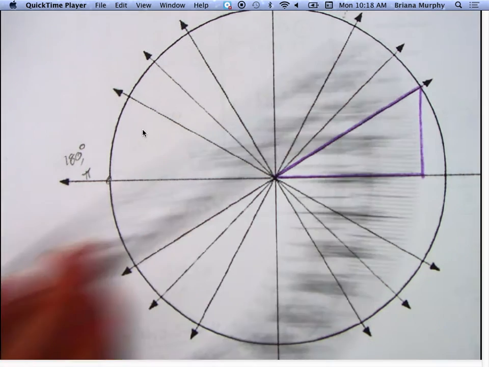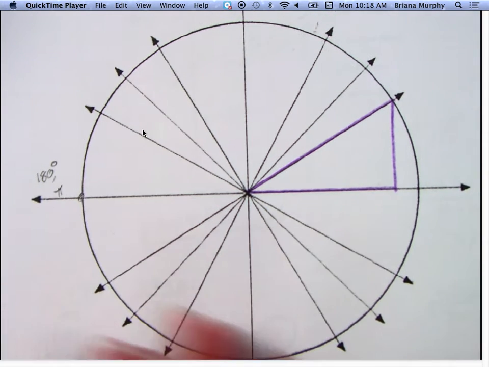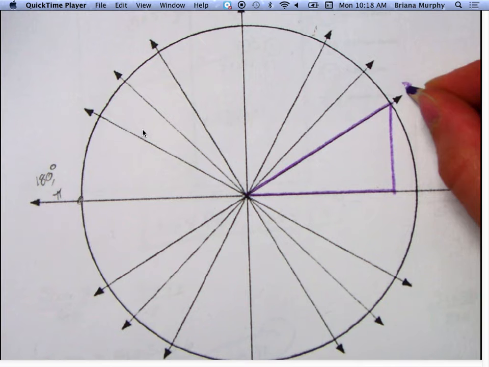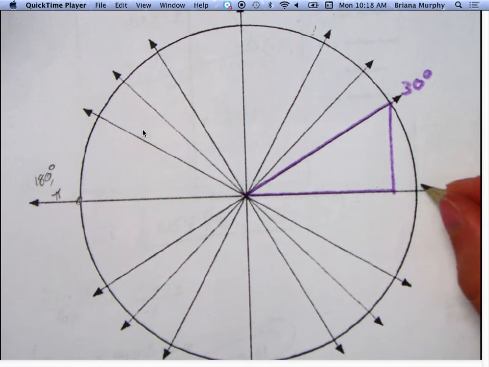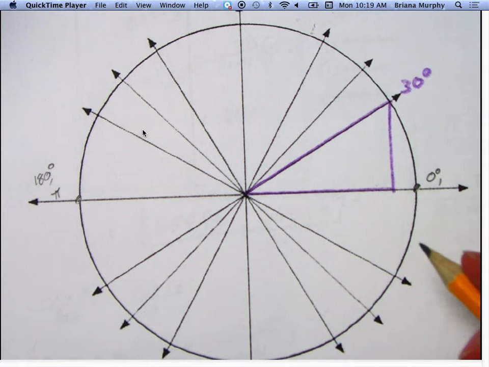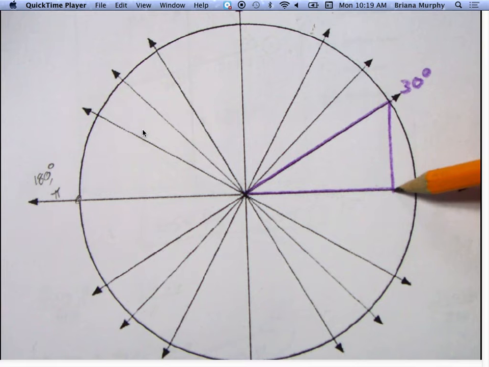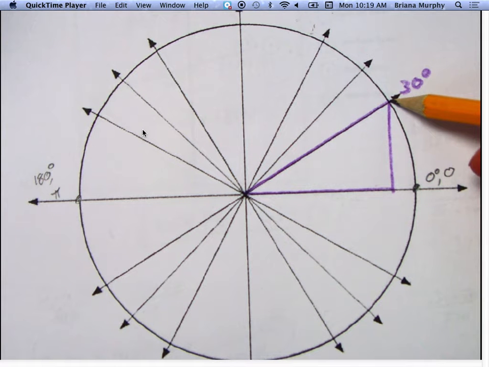This is why on the board it said you need a straight edge. Okay, if this is 0 degrees, it's also 0 pi. The distance I went around is only 0. Okay, this is 30 degrees.